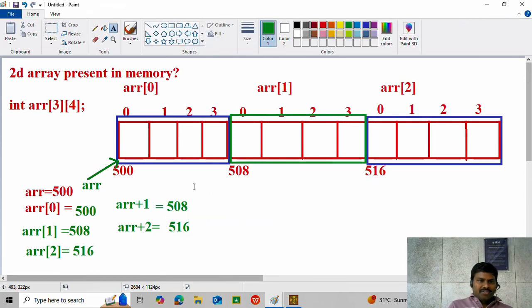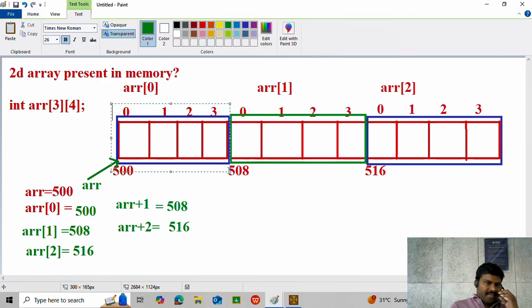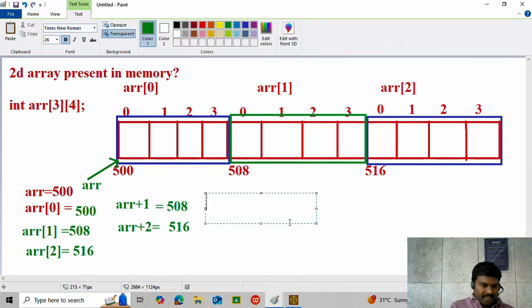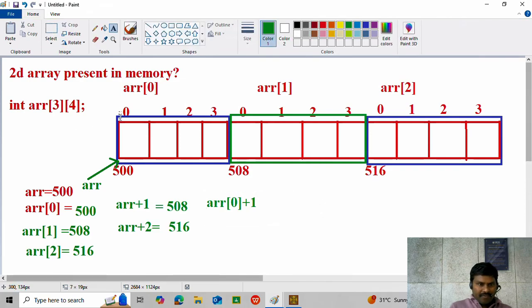So what is arr of 0? Arr of 0 is 500. Here I am adding arr of 0 plus 1, which means we are adding one to this array.